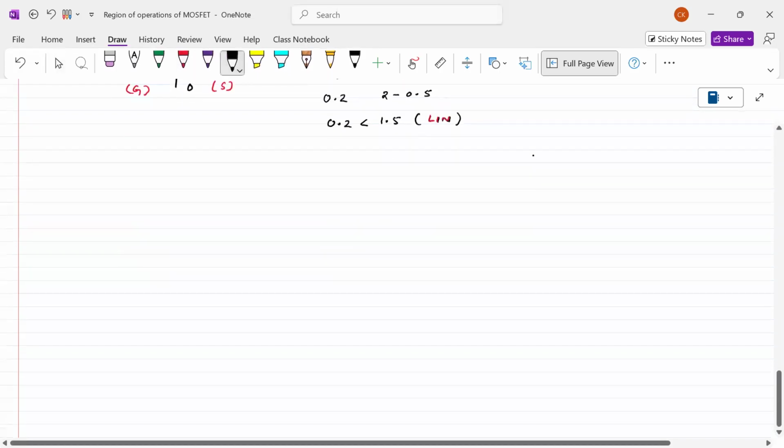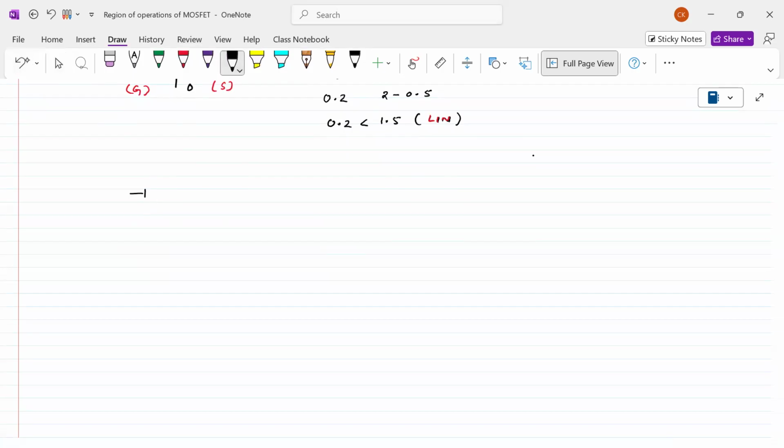Next, we take another example. So far, we are going to talk only about the region of operation. We'll come to how to calculate the ID current equations a little bit later.